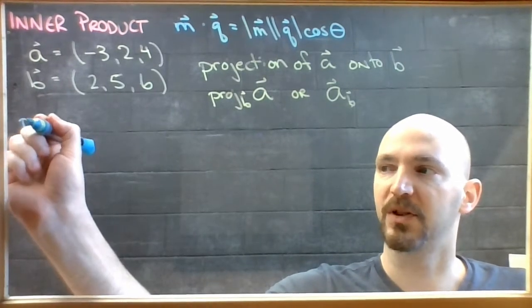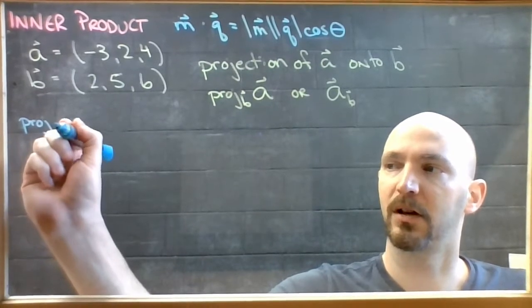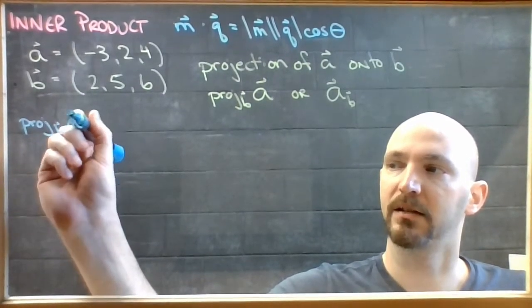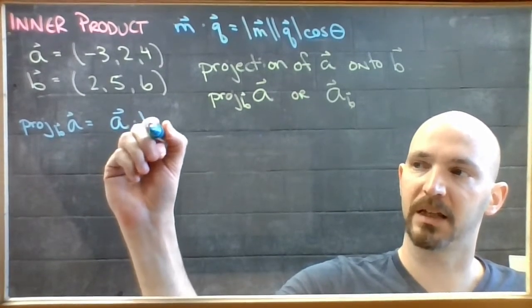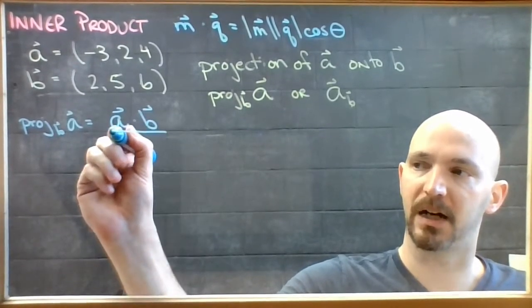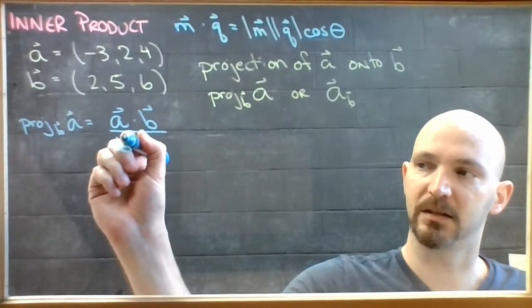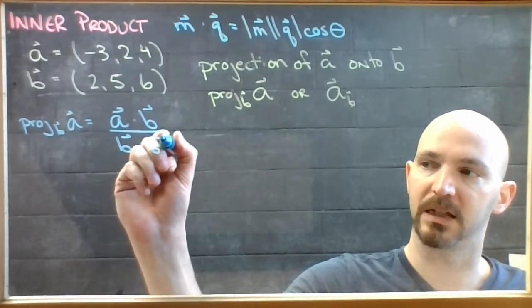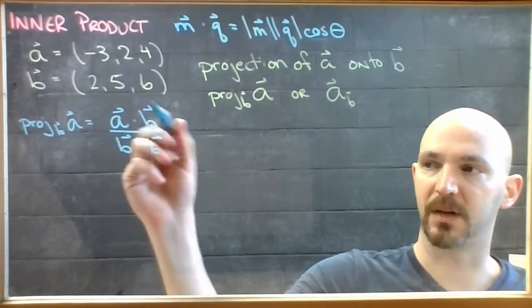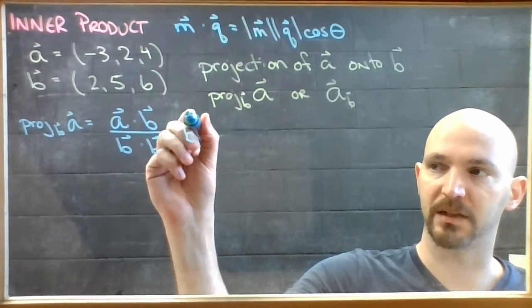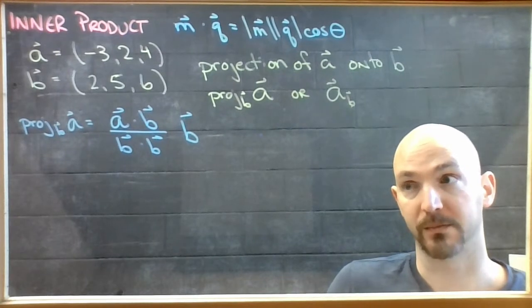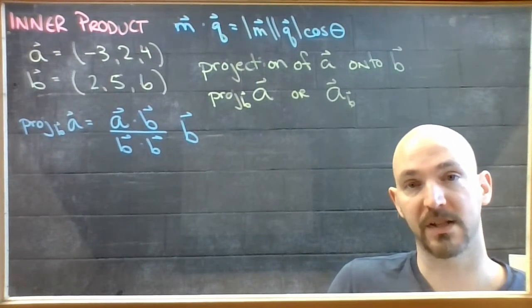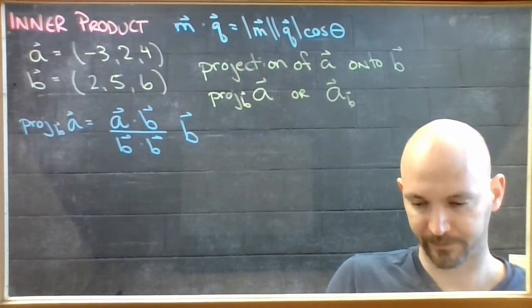So the projection onto B of A would be A dotted with B divided by B dotted with B, multiplied by vector B. Gross. But it's just something you can do, no problem.